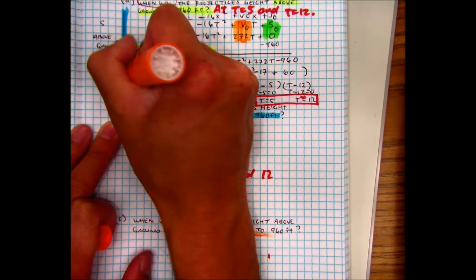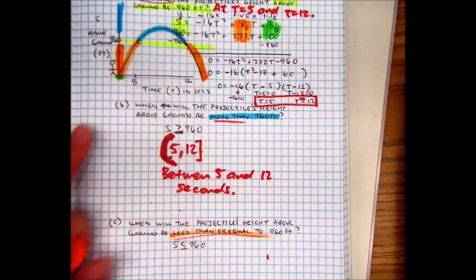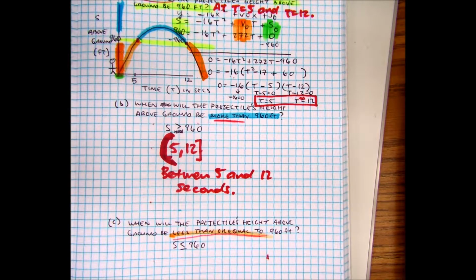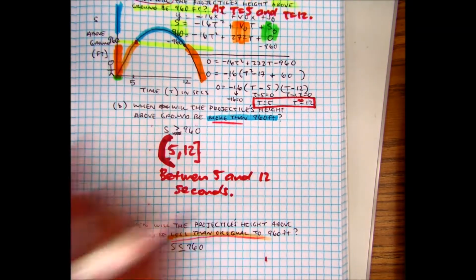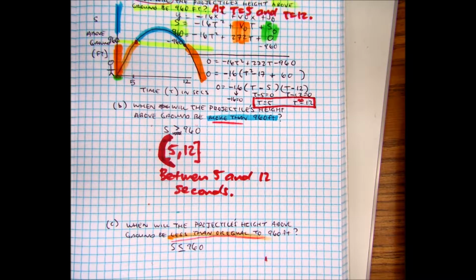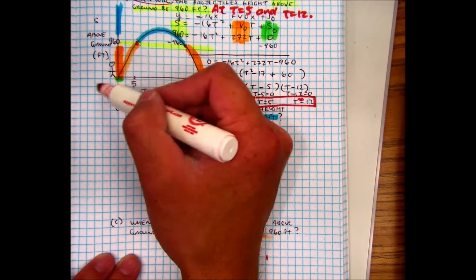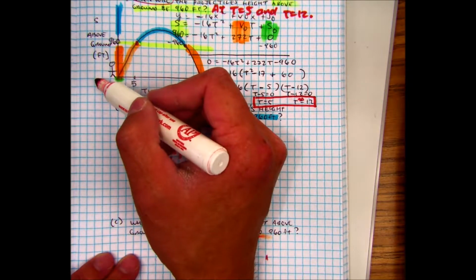So all of this and all of this. Class, how can you write that in interval notation? That spot right there? How would you write that? Good.